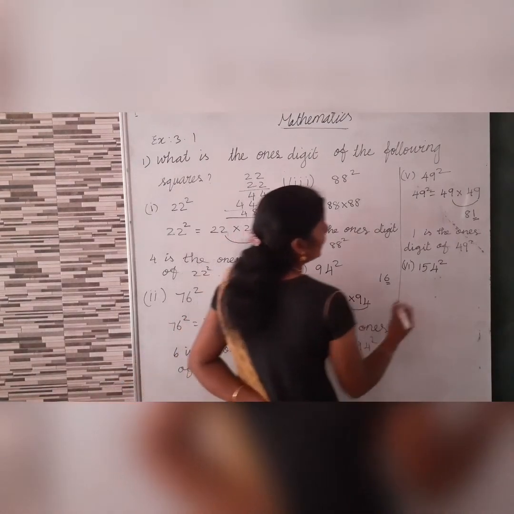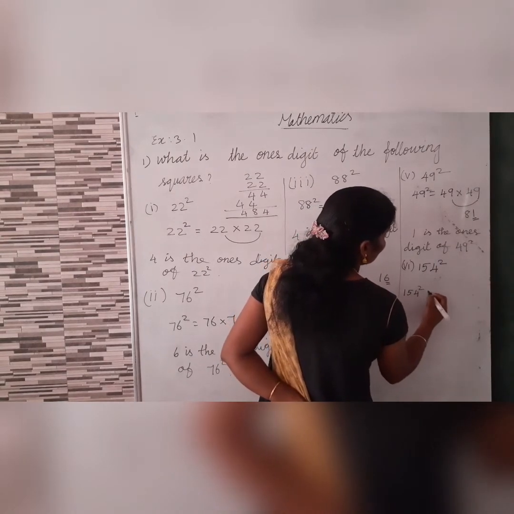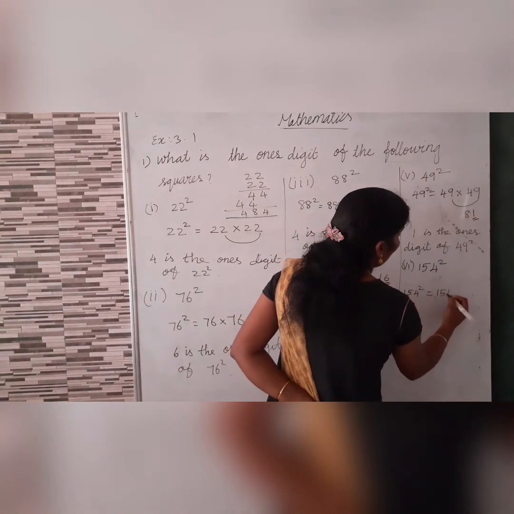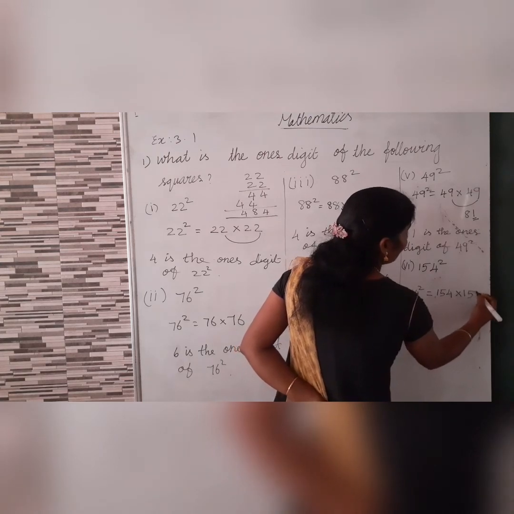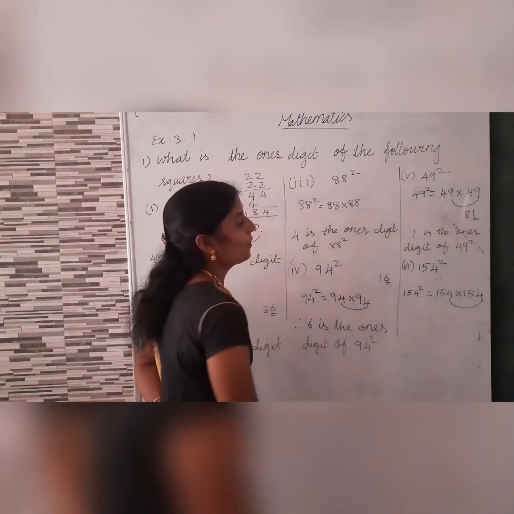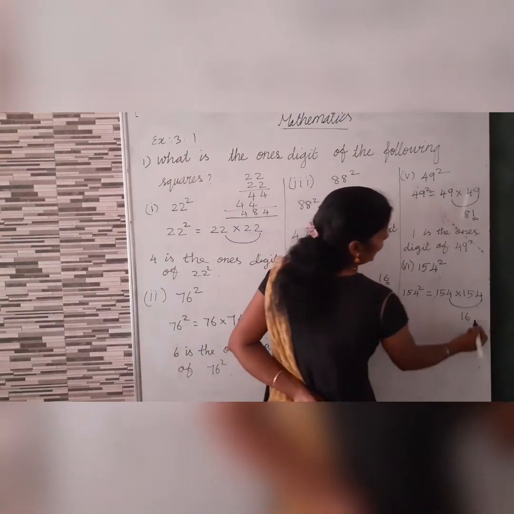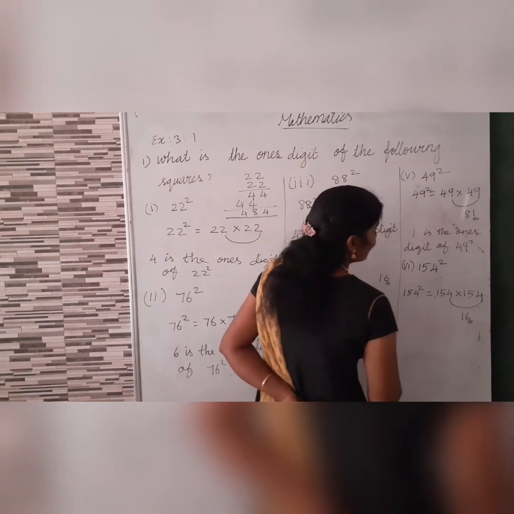Then last one, 154 square. 154 square is equal to 154 into 154. Now we can multiply the ones place. 4 4s are 16. Here which is the ones place? 6.